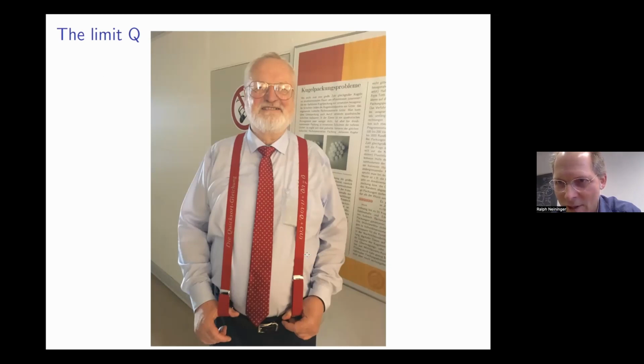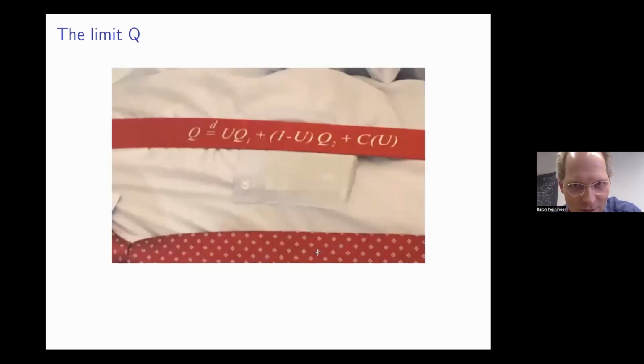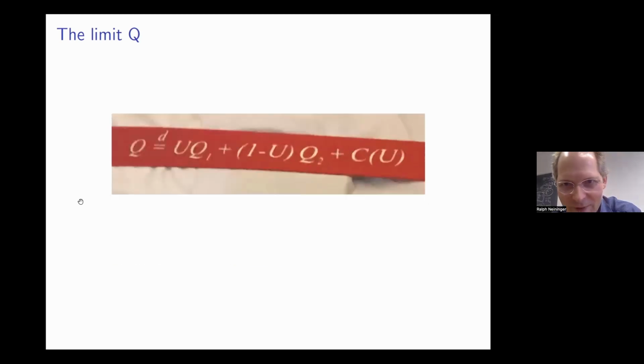No? I don't know if you can see it in Philadelphia. If not, I will zoom in. So here you see something. Now I rotate Uwe by 90 degrees. So Uwe is now in the air, and here it is. So here you have the fixed point equation for quicksort on Uwe's suspenders.